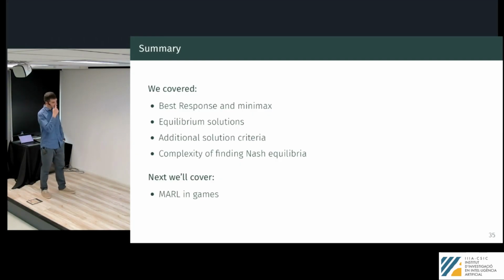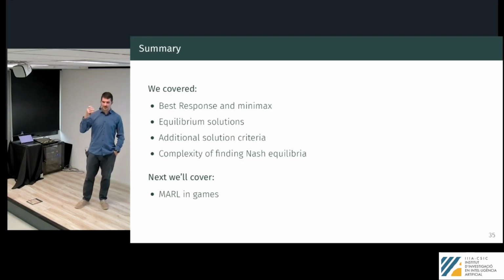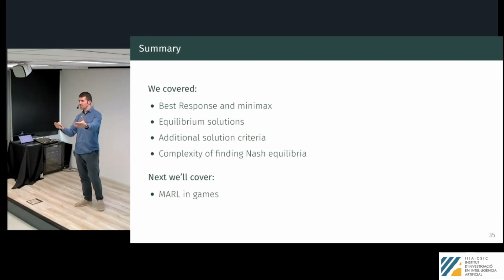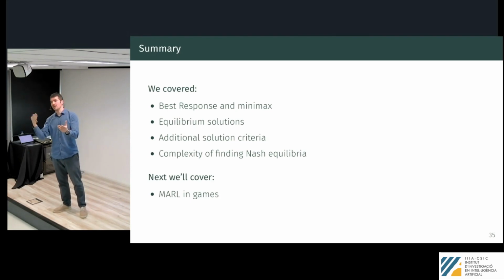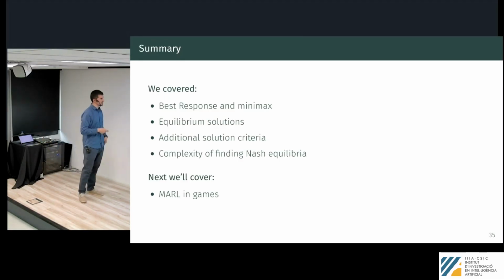Remember at the beginning, we said a MARL problem is defined as a particular game plus a particular solution concept that you care about. This is the game that you operate in and learn in, and this is what you want the agents to learn, a particular solution concept like a Nash equilibrium. Everything we talked about was in that spirit.